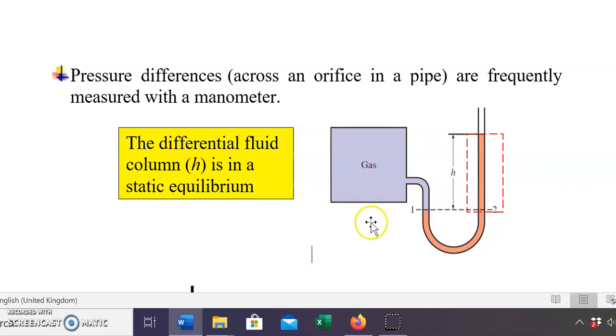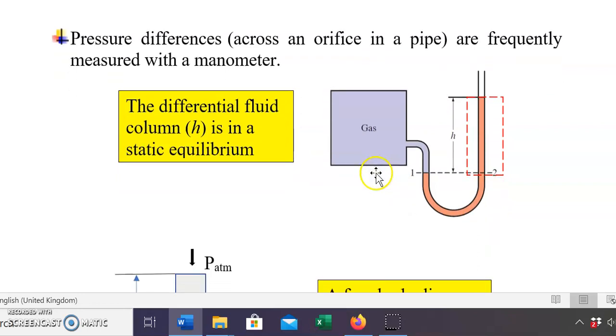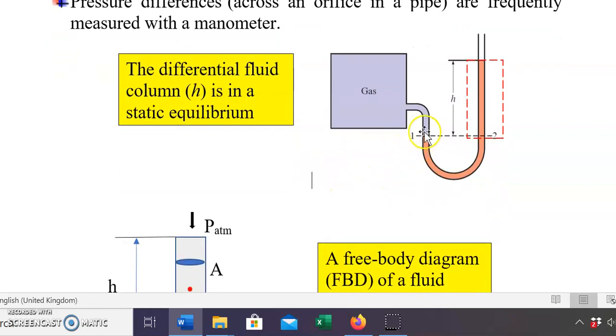If the system, in this case a tank of gas, is connected to a manometer, a U tube in the shape of a U, and you want to know the absolute pressure of the gas in the tank without the pressure gauge, here you see pressure at location 1 and pressure at location 2 are the same. So you want to know the pressure at location 1 exerted by the gas. Knowing the pressure at location 2 will give you the pressure at location 1.